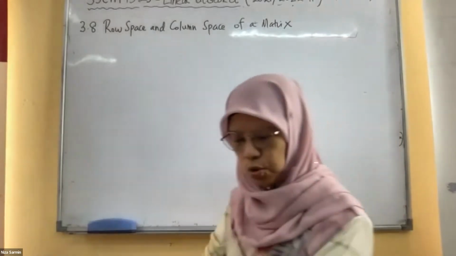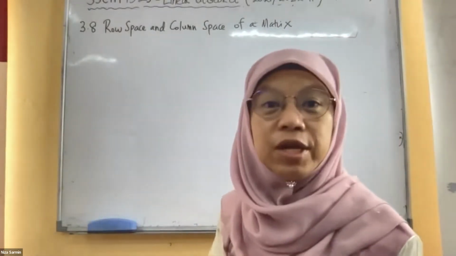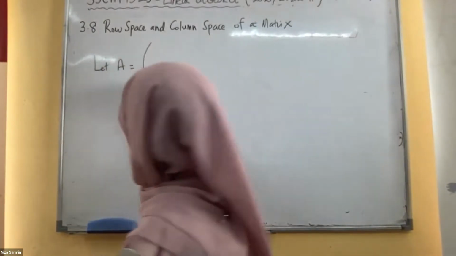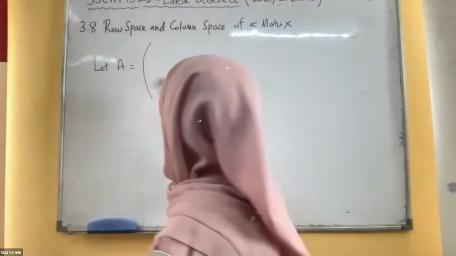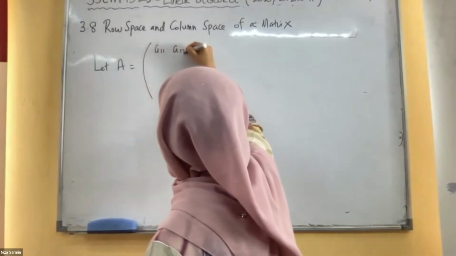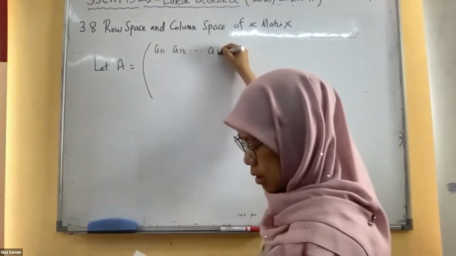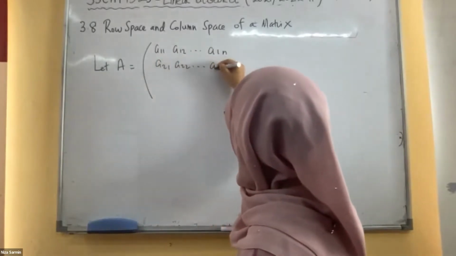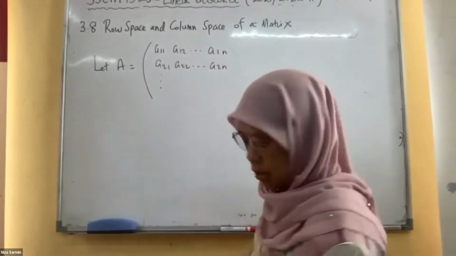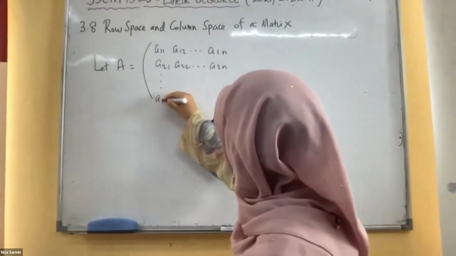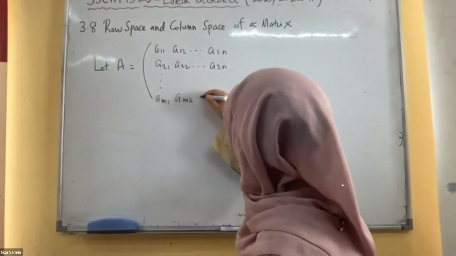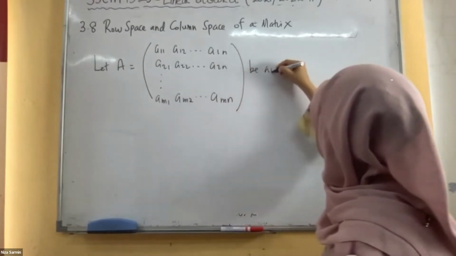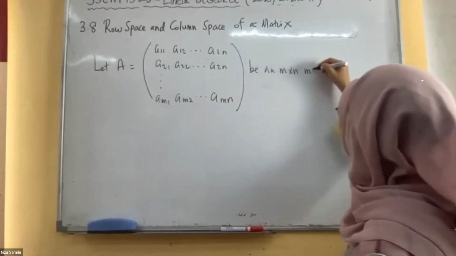Okay, so we have a matrix, given as usual, A11, A12, A1N, A21, A22, A2N, until AM1, AM2, AMN. It is an M by N matrix.